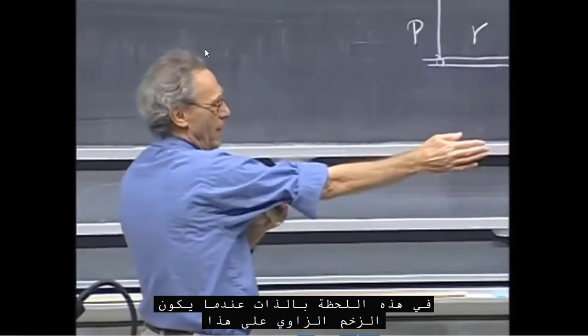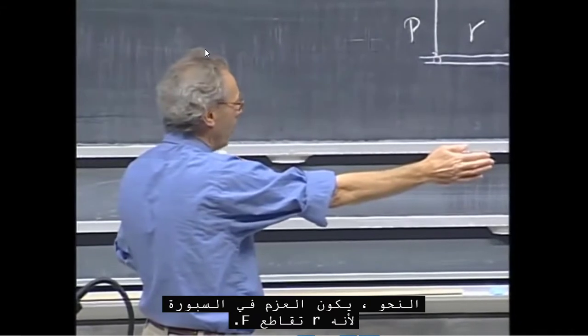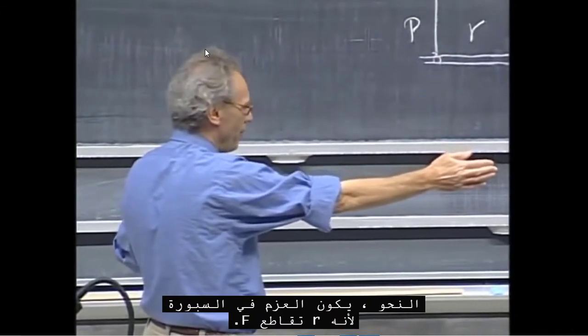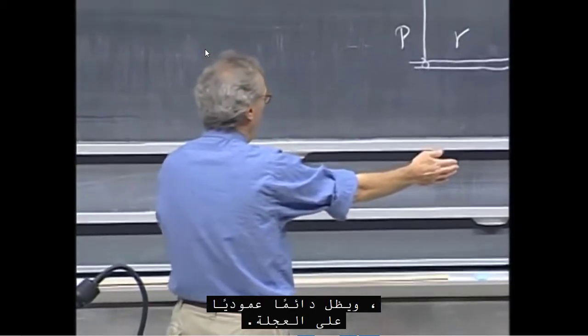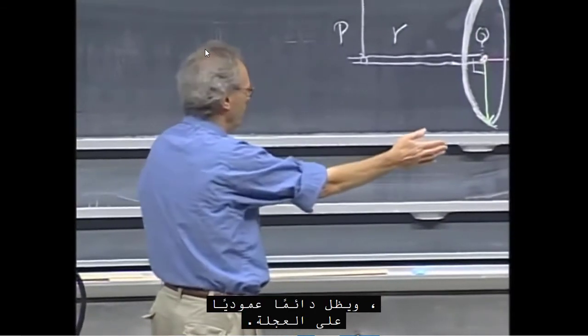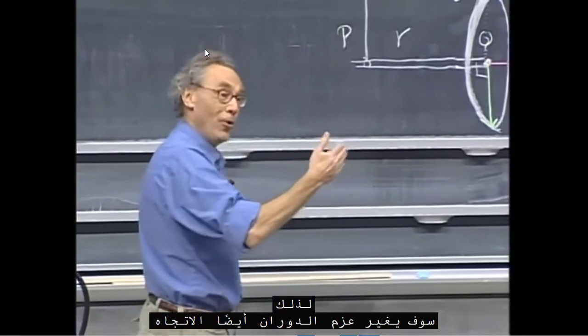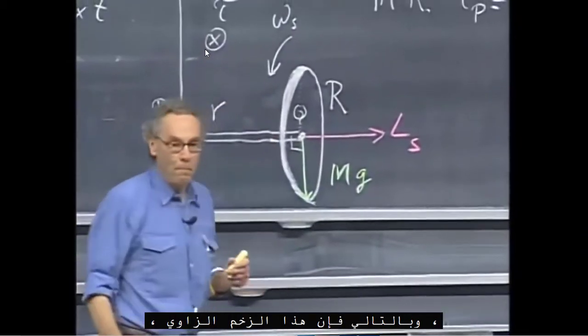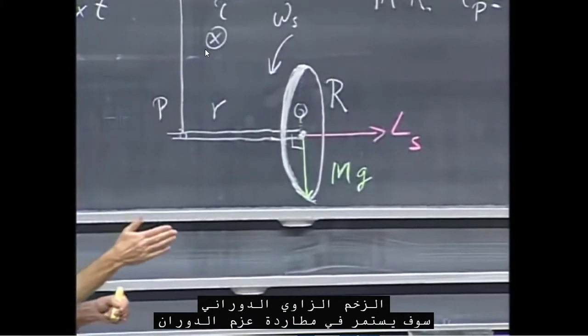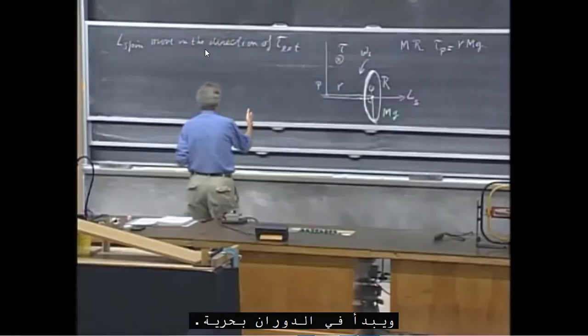At this very moment, when the angular momentum is like this, the torque is in the blackboard, because it's R cross F. But when I'm here, this R has changed position, and always remains perpendicular to the wheel. So the torque will also change direction, and so this spin angular momentum will keep chasing the torque and starts to rotate freely.